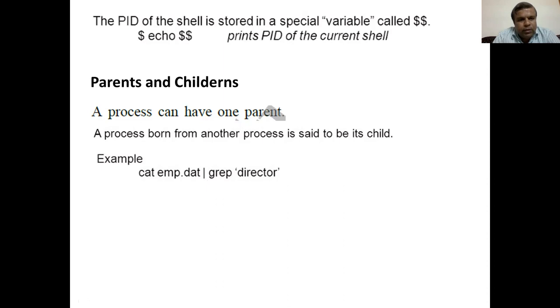So in this command line, two processes, namely cat and grep, are spawned or created by the shell process. So here the shell acts as the parent process, which has spawned two processes, which represent the cat command and the grep command.